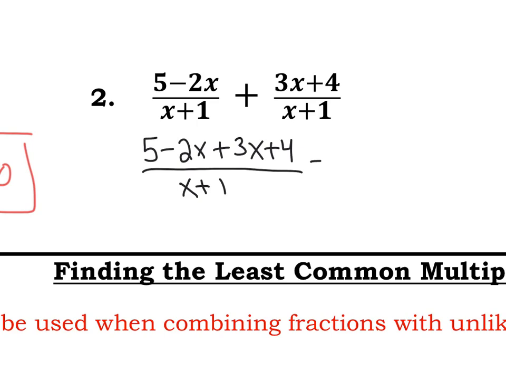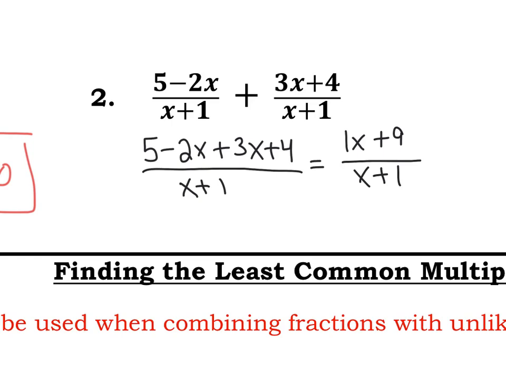Now I'm going to combine like terms. I have negative 2x plus 3x, that gives me 1x. Then I have 5 plus 4, that gives me a positive 9, all divided by x plus 1.